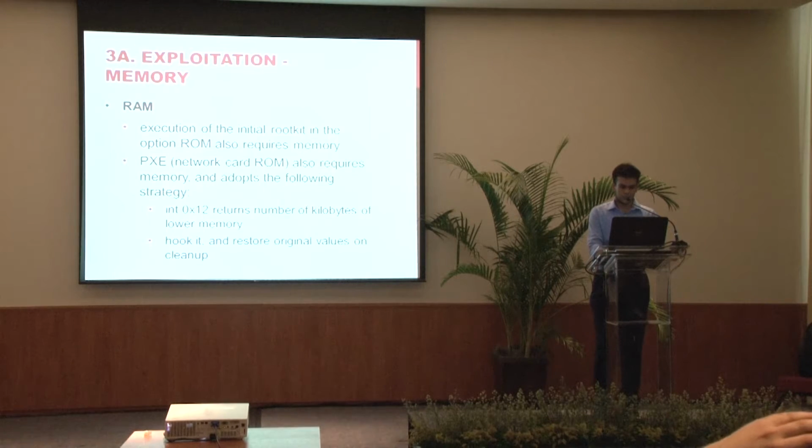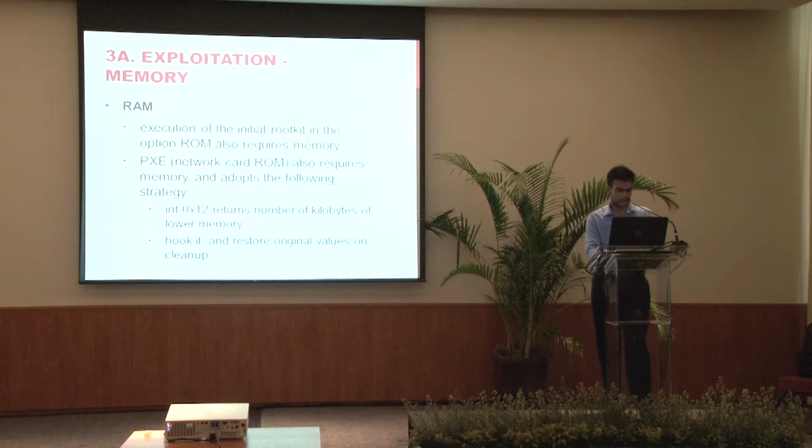Now, execution of the initial rootkit, the part that does this, also requires some memory. The same problem arises with, for example, your network card ROM. It also requires some memory for the initialization of the card and for further provision of the TFTP server and TFTP client. So it adopts the following strategy. You've got an interrupt, int 12, which returns the number of kilobytes of lower memory, the one that lies below the EBDA.